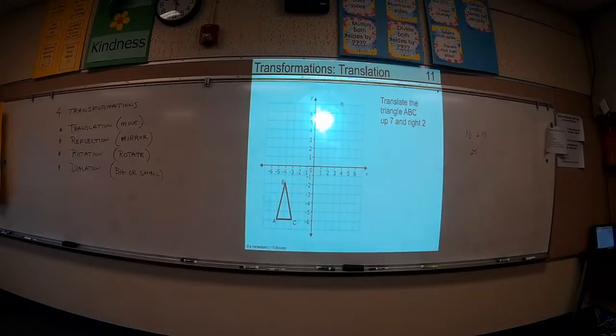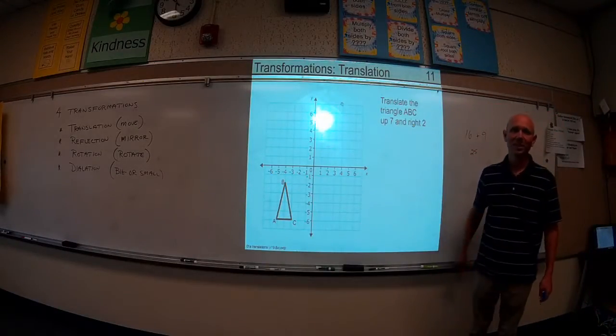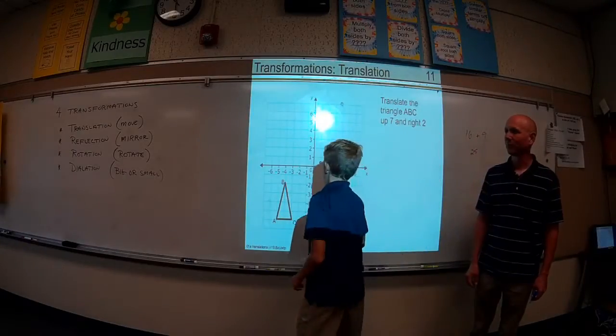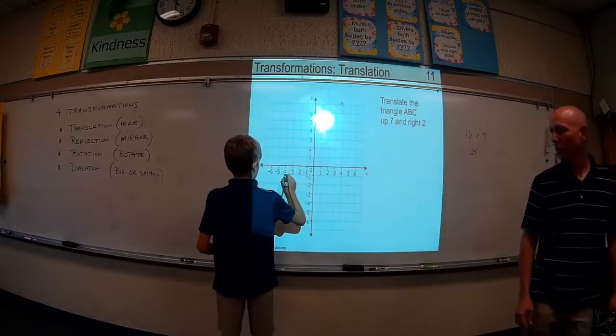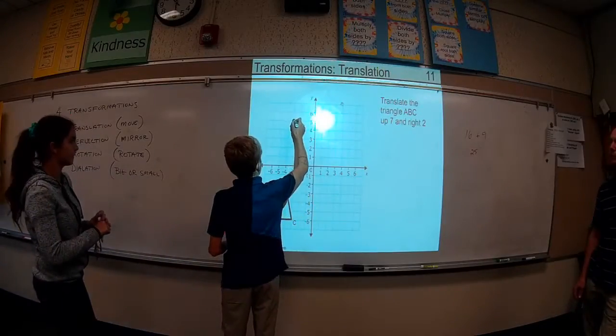Let's translate this thing. A, B, C. Okay, Burgess, are you B? Yes. Can I do A? Sure, you're A. And Cunningham, you're C. Burgess is doing B, taking it up 7 and right 2.